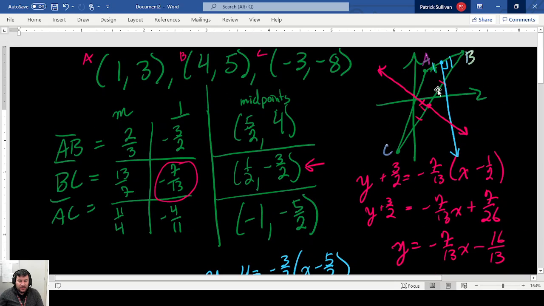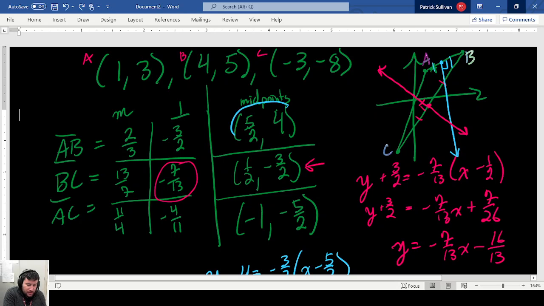Okay, then from here, I calculated the equation of this line in blue. So I am using the midpoint of AB in this case.